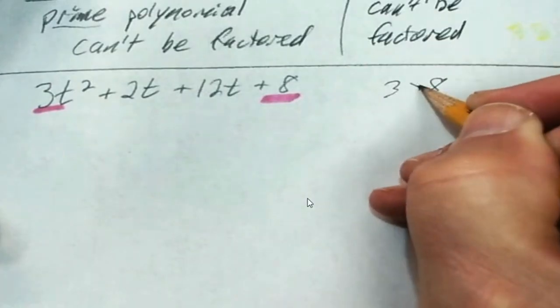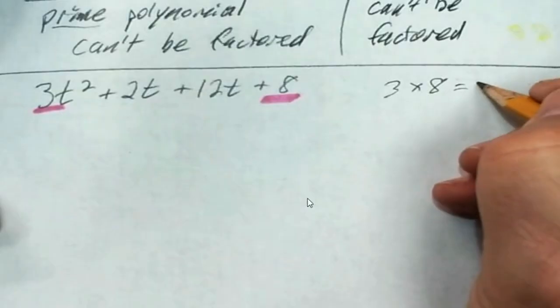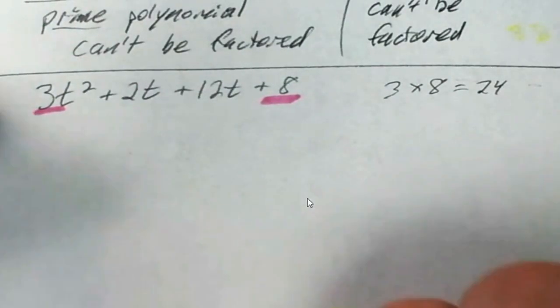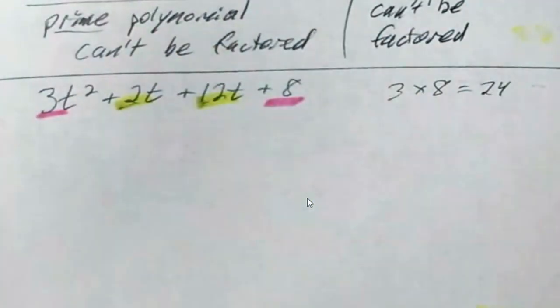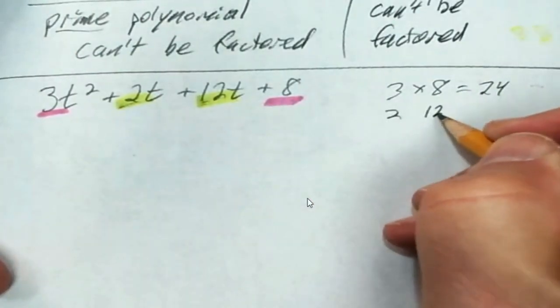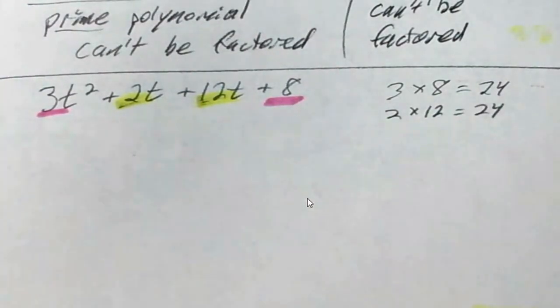And if we multiply those, 3 times the 8, it's 24. Let's compare that to the numbers we got on the middle terms that are like terms. We got a 2 and a 12. And if we multiply those, it also equals 24. That's not a coincidence. That's a key to helping us factor.